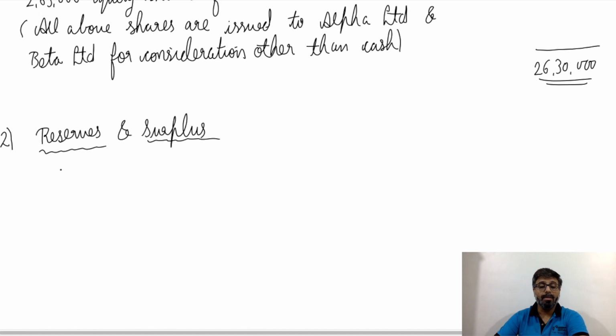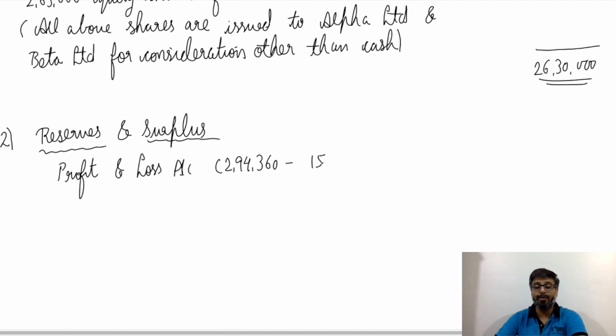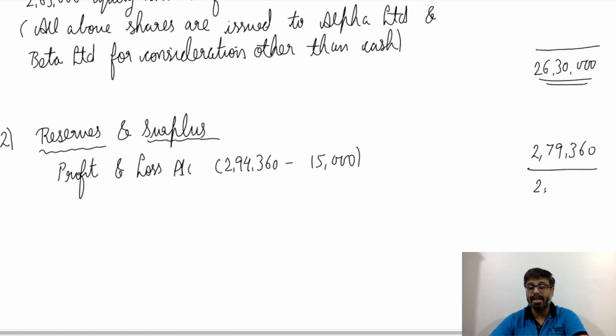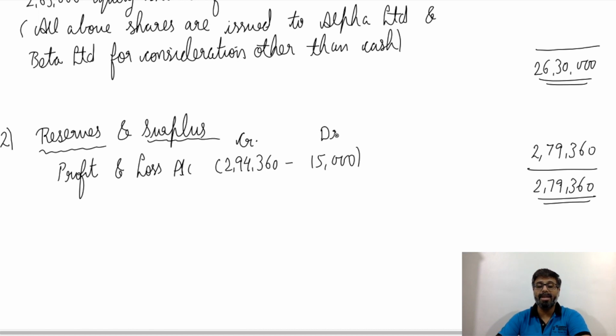Profit and loss account will come in reserves and surplus with what amount? 294,360 minus the expense of 15,000, so 2,79,360. 2,79,360 is the balance of reserves and surplus. And what do we write in that? P&L account credit in the second entry minus P&L account debit in the fifth entry.